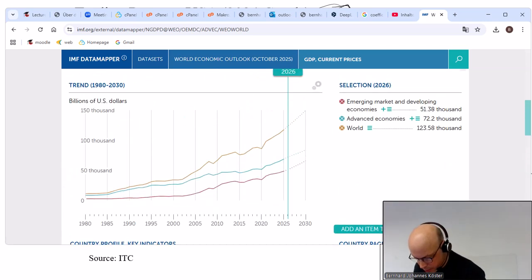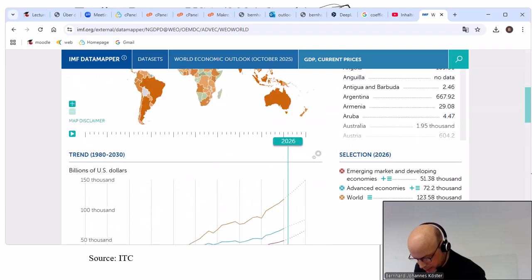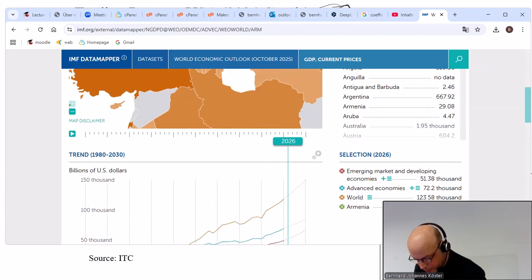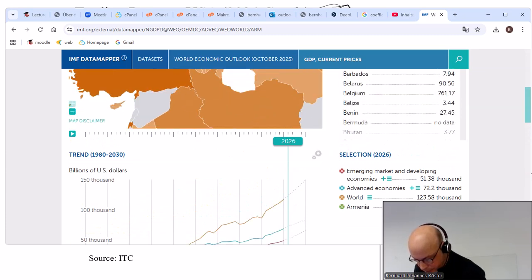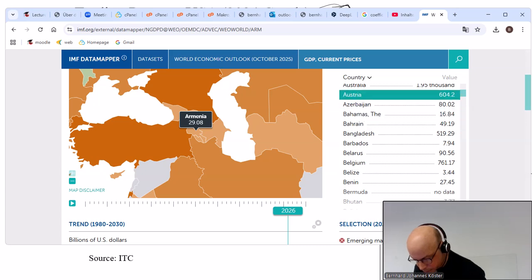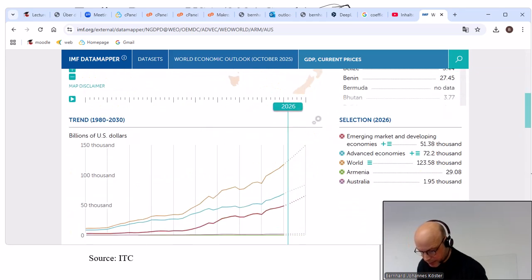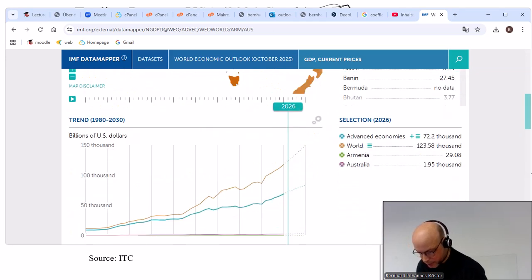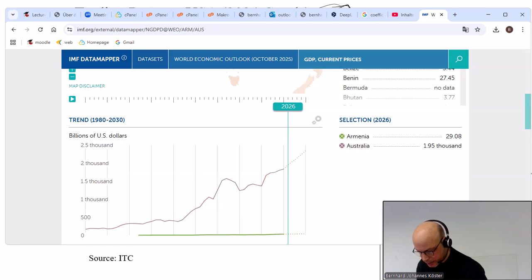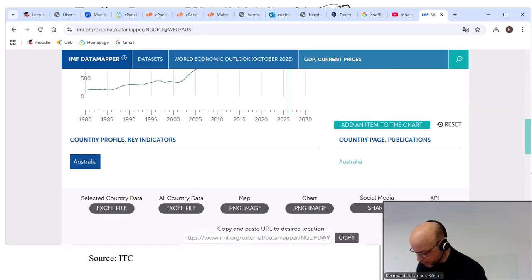Otherwise, you have to, let's say here, Australia. Is it Australia? Then you have selected Australia. If you do not want to have the other aggregates, delete them, and then you can go down here and select only the data for your country. Is this what you meant?